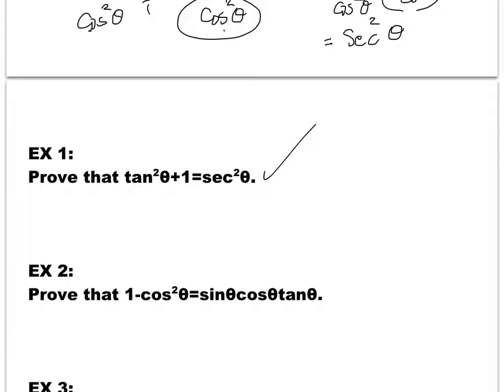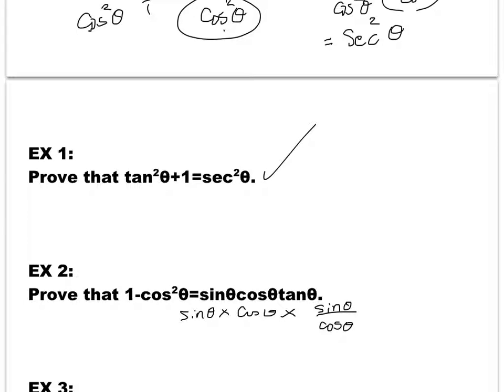Okay, to prove the identity, I'm going to pick the right-hand side and simplify it. So I'm going to write tan theta as sine over cosine. So I'm going to write the right-hand side as sine theta times cos theta times sine theta over cos theta. Again, I'm using all the basic identities. I don't need to prove that tan is equal to sine over cos.